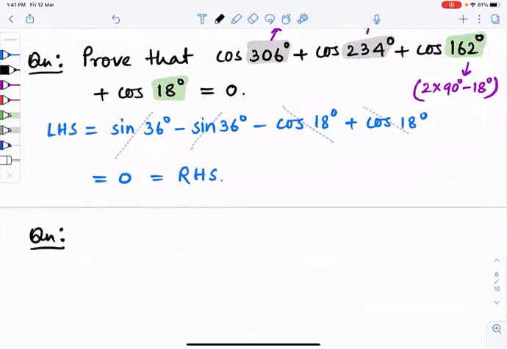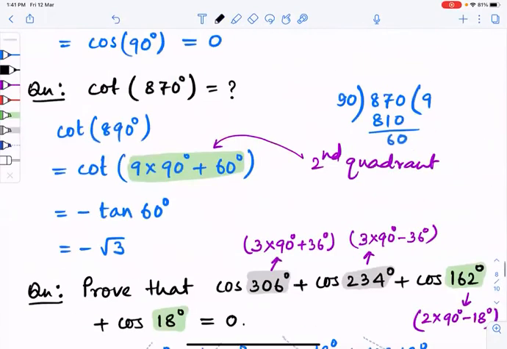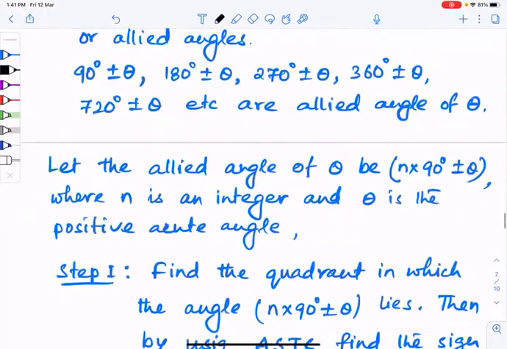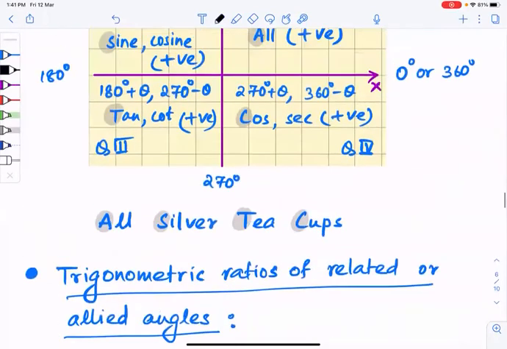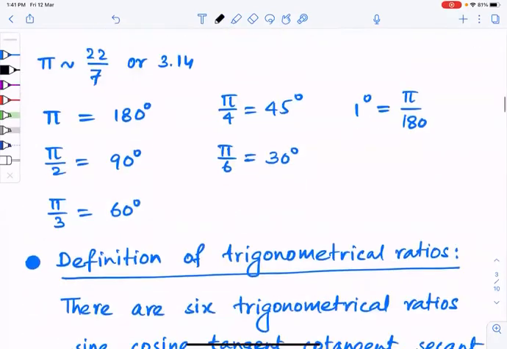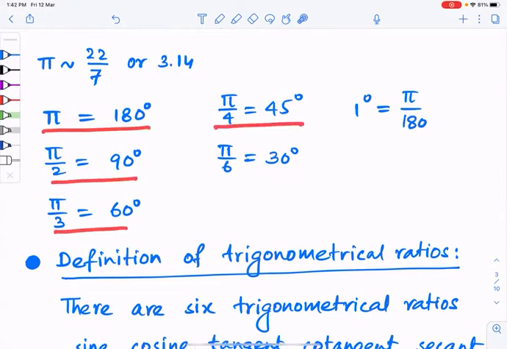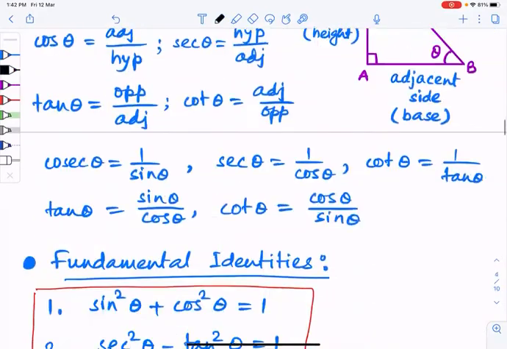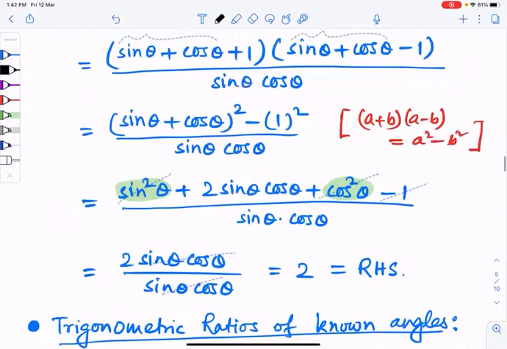Before going to that, let me show you where I have told about pi. Yes, these are some relations about pi and degrees, the relation between radians and degrees. With knowing this relation, we can solve the question that we will do now. Okay, let us take this question.